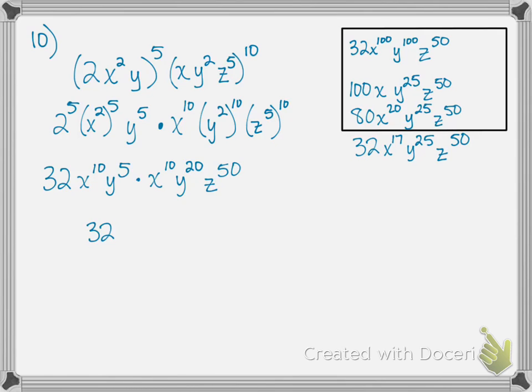Are we raising a power to another power? No, we're multiplying two things with the same base. So you add the exponents, so we have x to the 20th. Same thing with y, y to the 25th, z to the 50th. Good.